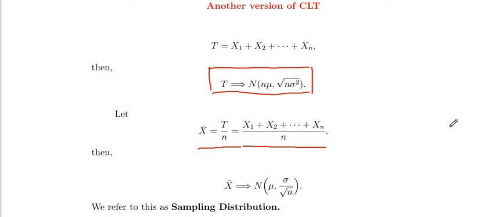So for x bar, since T follows a normal, then divided by n is also normal. We just divide each one by n.